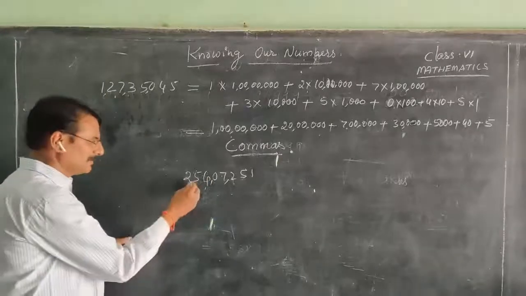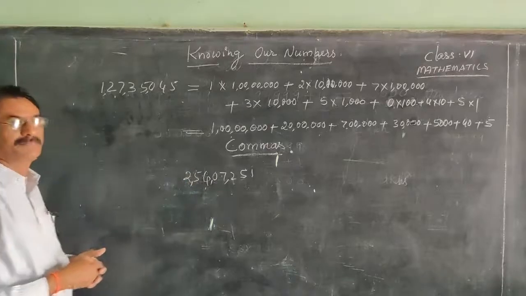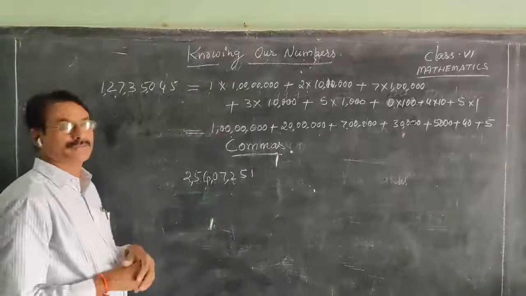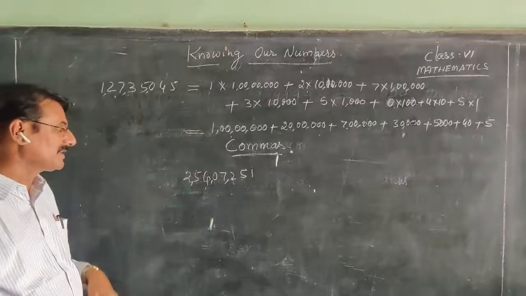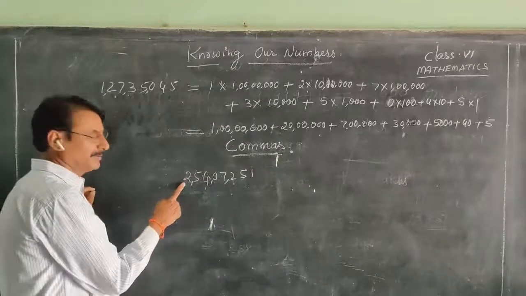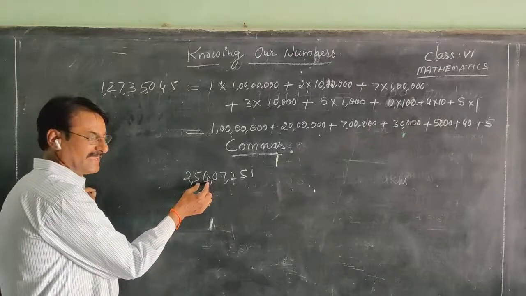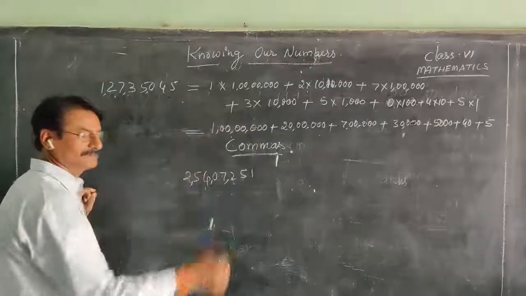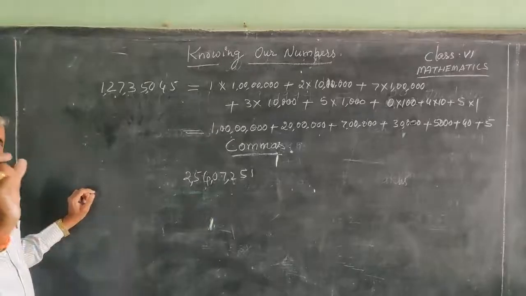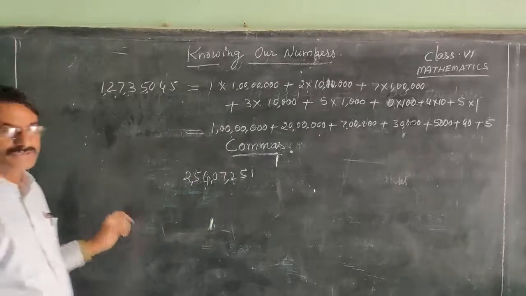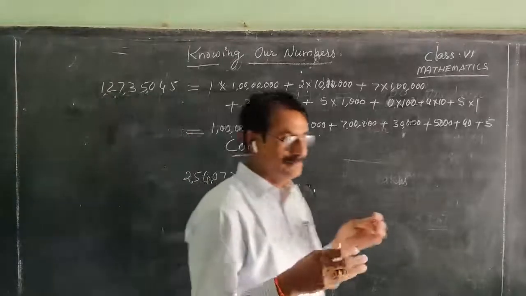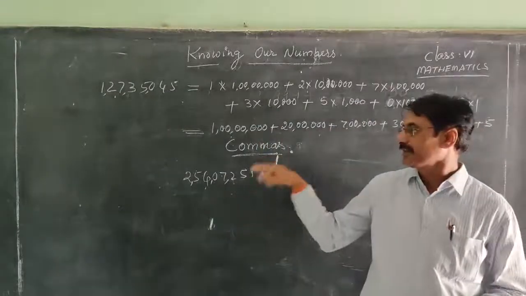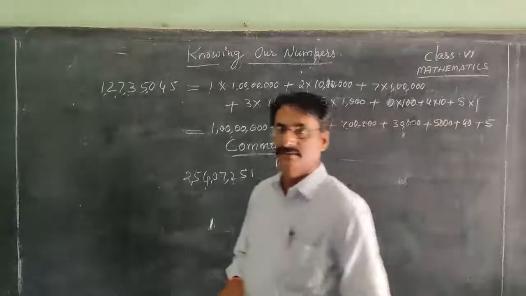The next comma is after 2 digits, that means before 10 lakh. Next one is crore. How to read this one? 2 crore 54 lakh 7,251. It's very easy to read and write when we put the commas in numbers.